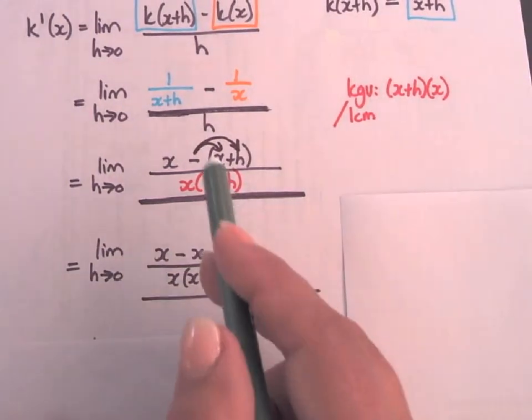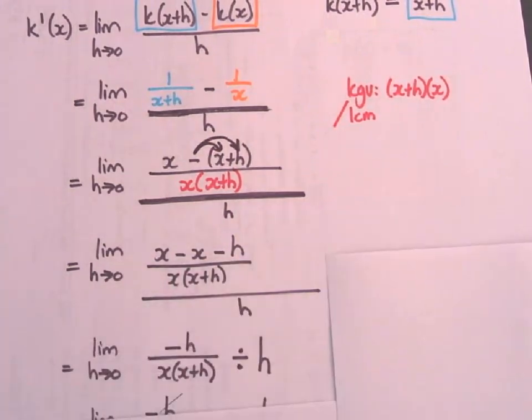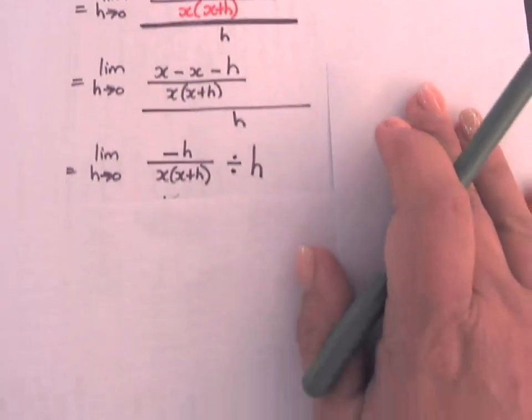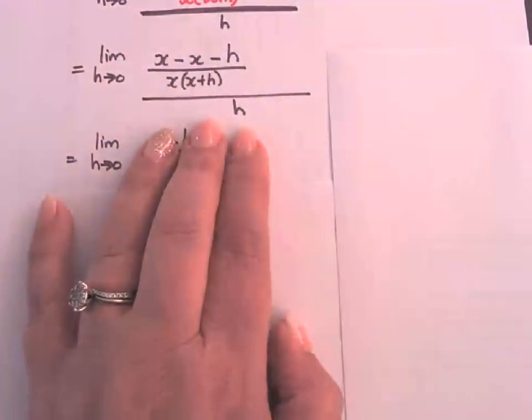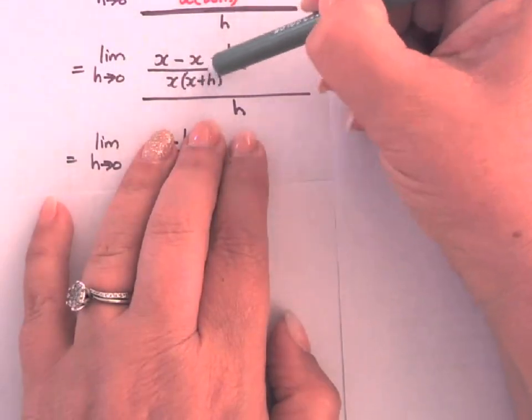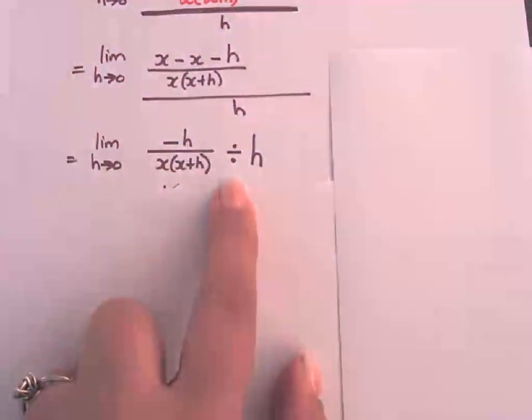When you have done that, you get x minus x, that's 0. 0 minus h is minus h. Now this looks complicated, so you can rewrite it as the numerator divided by h.